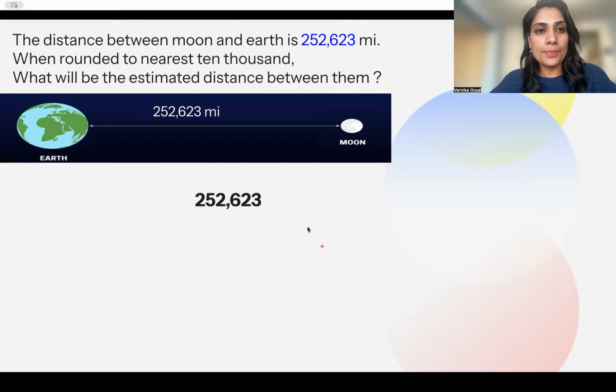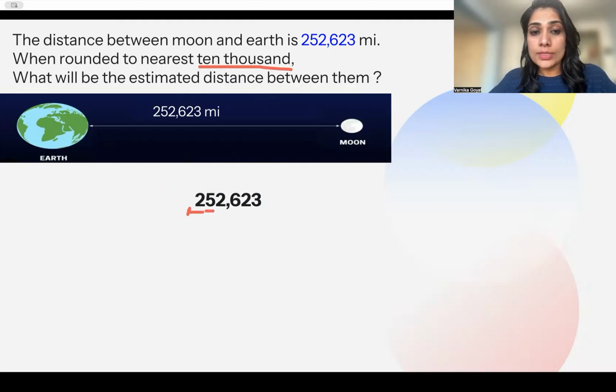Let's look at the example. The distance between Moon and Earth is 252,623 miles. When rounded to nearest 10,000, what will be the estimated distance between them? So let's solve to find the target digit. Ones, tens, hundreds, thousand, 10,000.